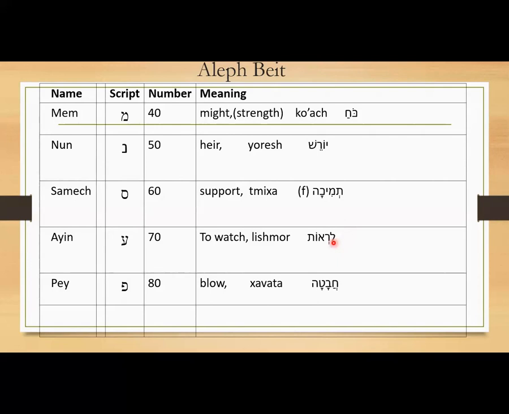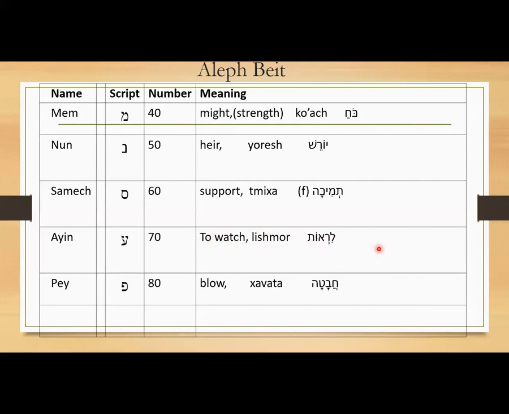So it's lir, and the a is related to the o. There is the o with a T. So it's lir ot. This lishmore is wrong. It's the wrong word. It should be lir ot.